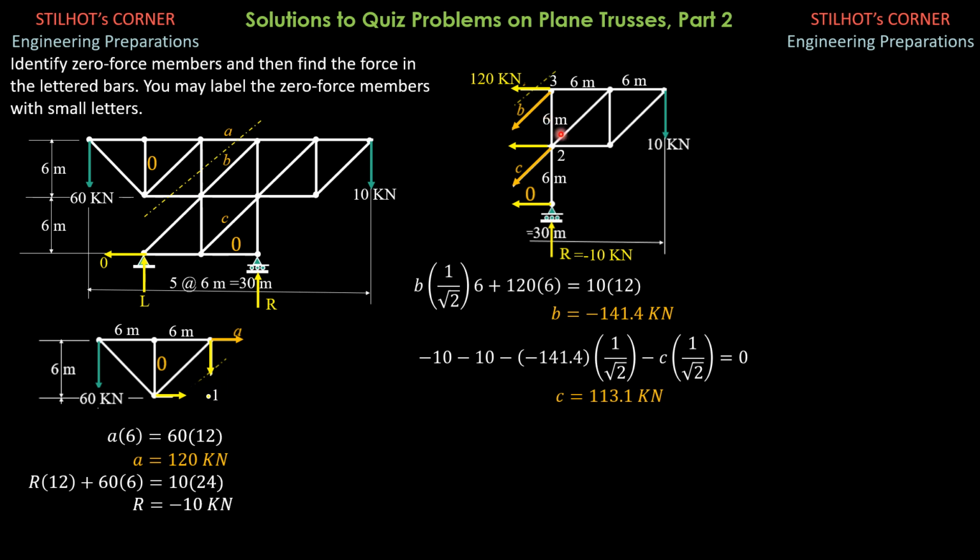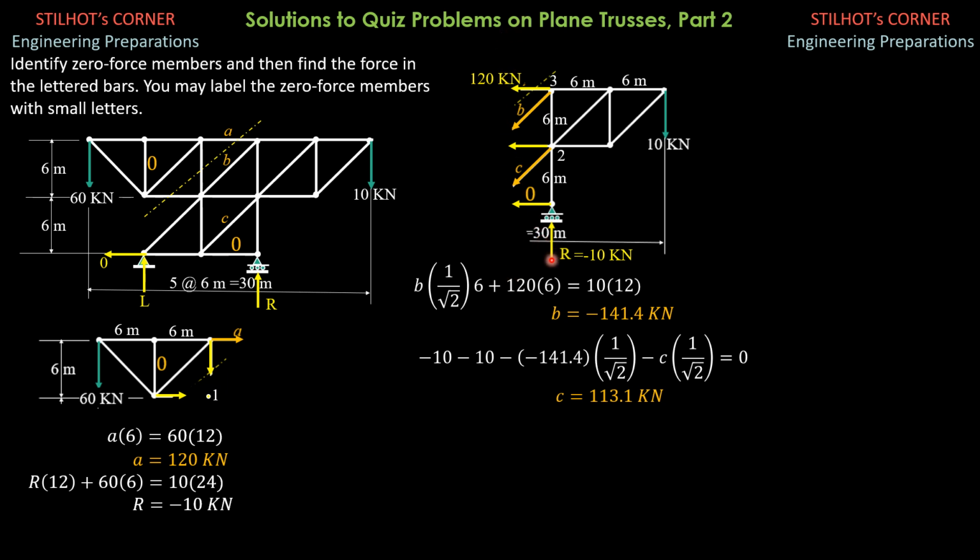The component of B that has moment about this joint 2 is the horizontal component, so taking counterclockwise moment positive, B times 1 over square root of 2 times 6 plus 120 times 6 equals 10 times 12. Solving for B, it is negative 141.4 kilonewtons.